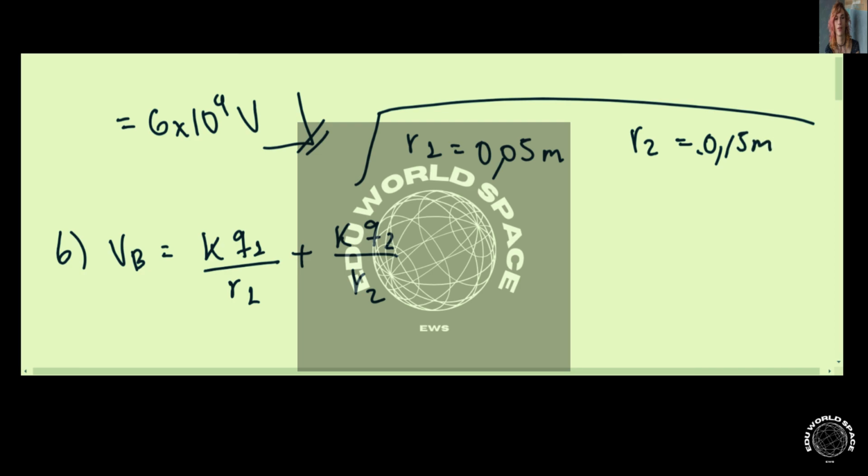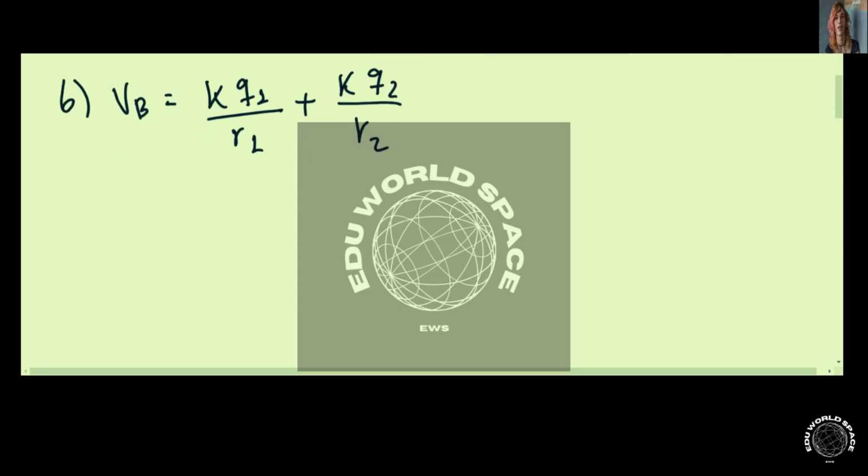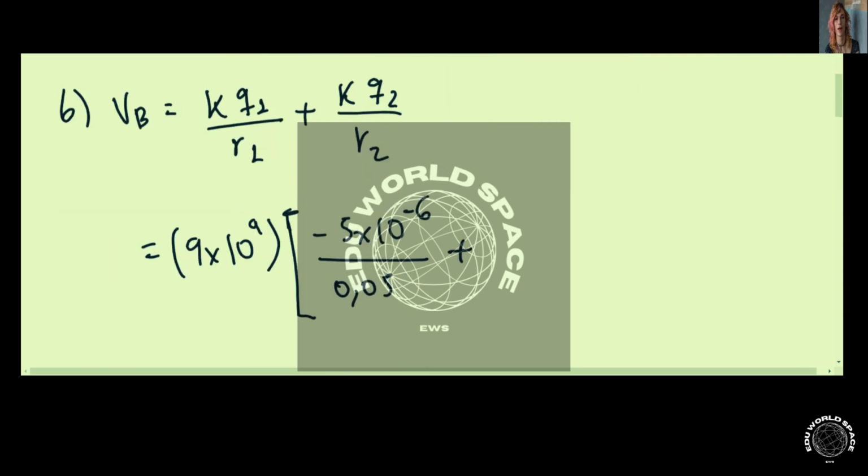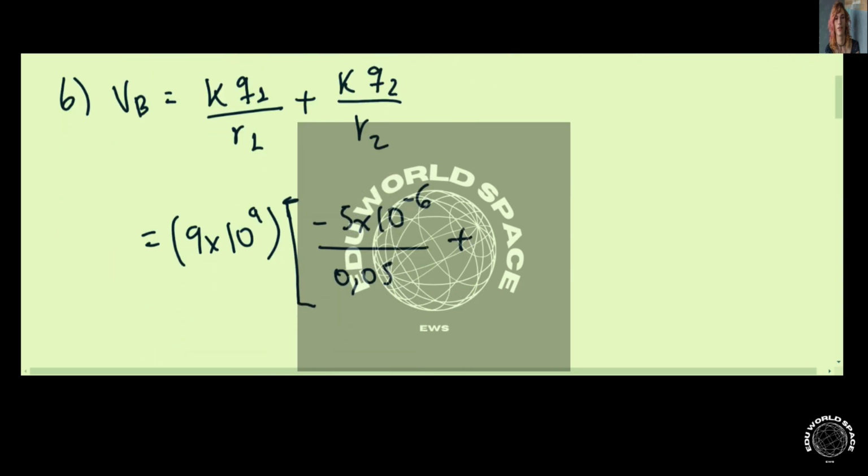Once we have this, the rest is the same as before: 9 times 10 to the 9 for the Coulomb's constant, and the charges are the same. Minus 5 times 10 to the minus 6 over R1, that's the one that changed in this case, plus Q2, which is 2 times 10 to the minus 6 over 0.15 meters.